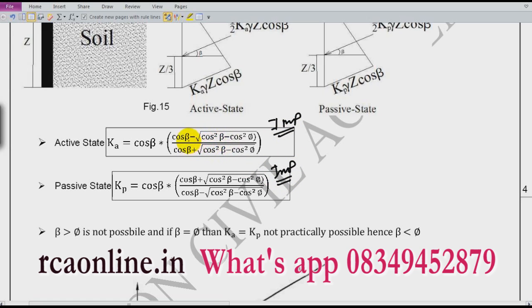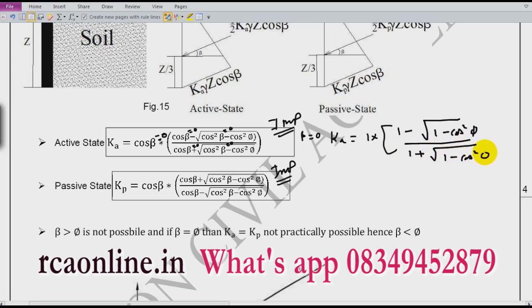Now it looks like a very typical formula, but it is very easy to remember. Just remember that if you put beta equal to 0, you should get our initial formula. So if I put beta equal to 0, then in this formula cos beta is 1, so 1 multiplied by again cos beta, which is 1, because beta is 0. So what will be my formula? 1 minus root of 1 minus cos square phi over 1 plus root of 1 minus cos square phi.